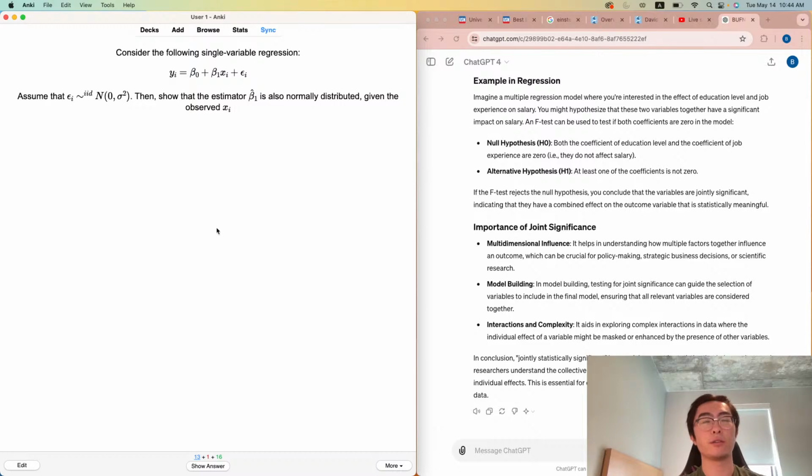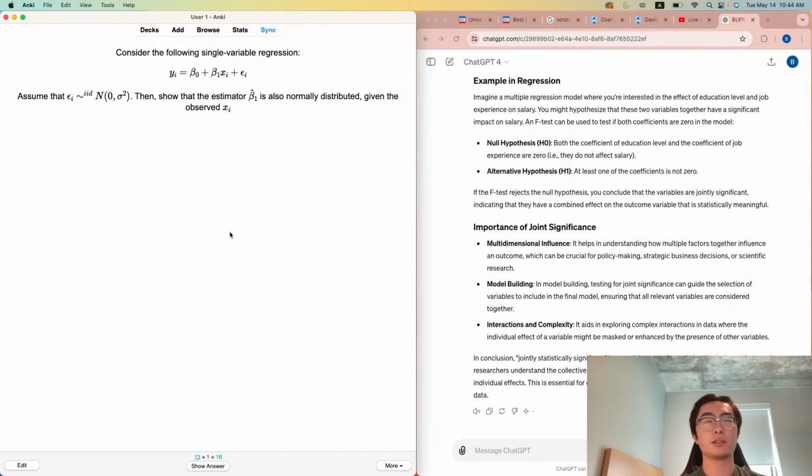to the covariance over the variance, and then we show that the top, the covariance, really can just be expressed as the sum of x minus x bar times yi, and then we divide that by the variance of xi, which is just the sum of x minus x bar squared.